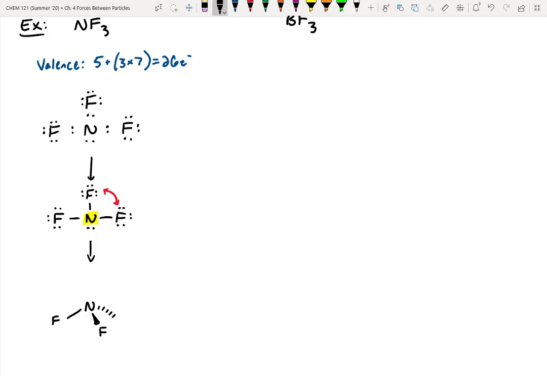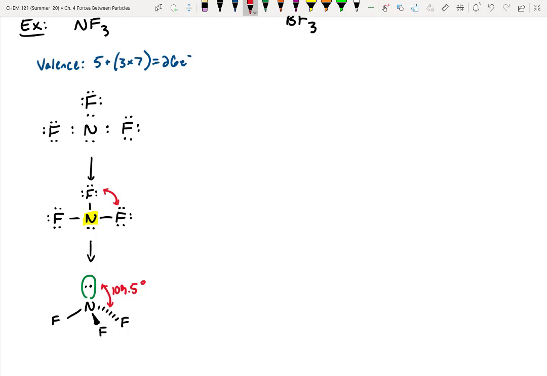And then I'll do a dash back here. And then the lone pair is going to occupy space right there. In fact, let me keep those as black dots. But the benefit of doing this, right, is this gives us the 109.5 degree bond angle. So this is a tetrahedral electronic geometry.